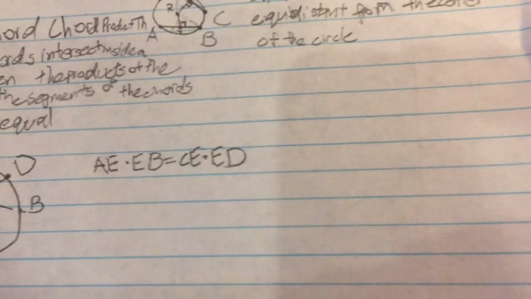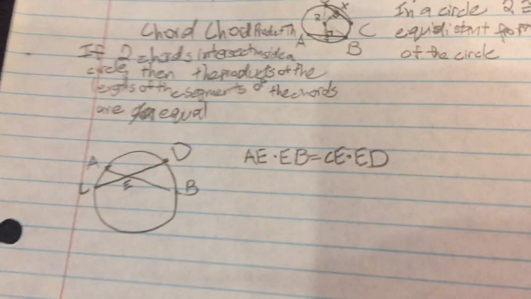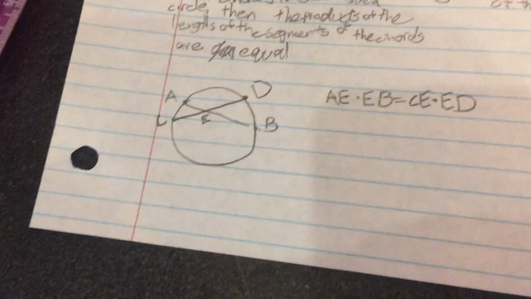Alright, so I'm just going to leave you with a couple practice problems. So, first is going to be identifying things. This is one. What's that? It's a chord. Okay, cool. What's that? That's the center. Wow, you did it. Now what's this now? It's a diameter. Wow.